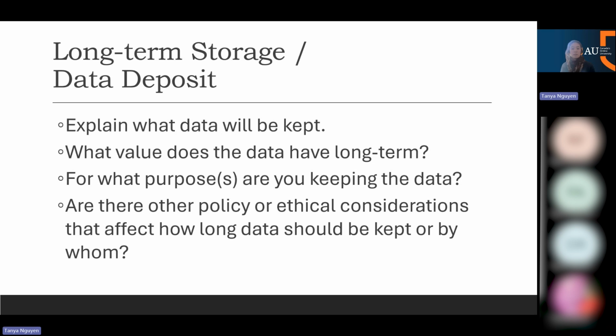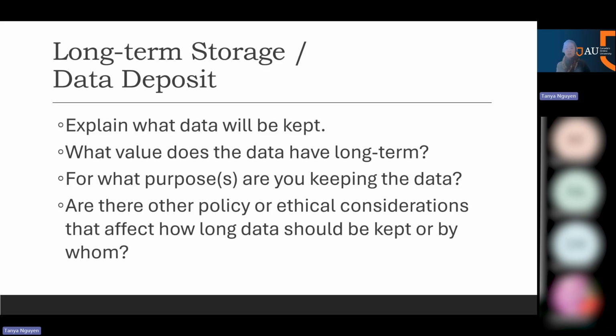Can your data be reproduced? Are the observations unrepeatable? How difficult or cost intensive would it be to reproduce? Are there barriers to reusing the data? Will you collect the data under conditions that permit reuse?